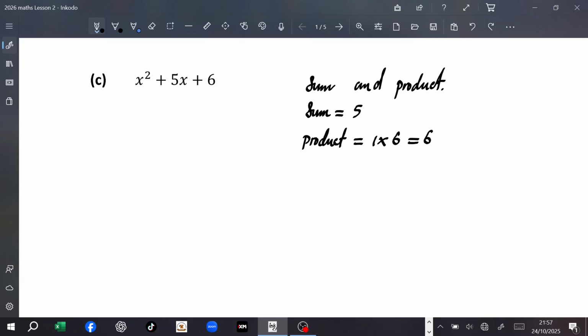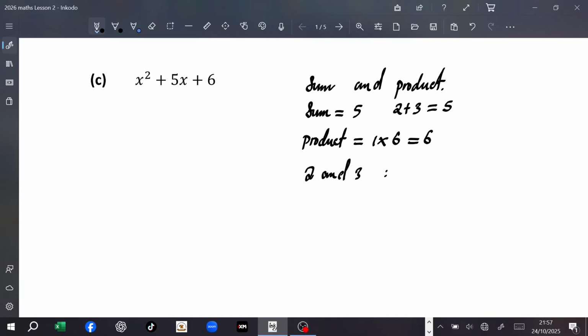So here is where creativity is involved. The two numbers are just 2 and 3. Why? Because if I say 2 plus 3, I'm getting 5, you see?